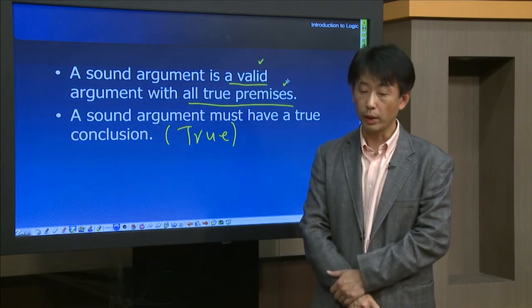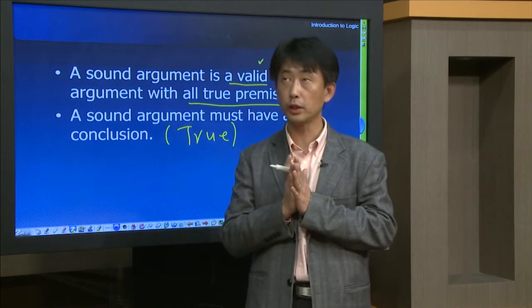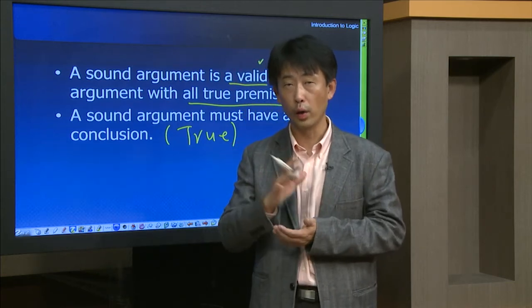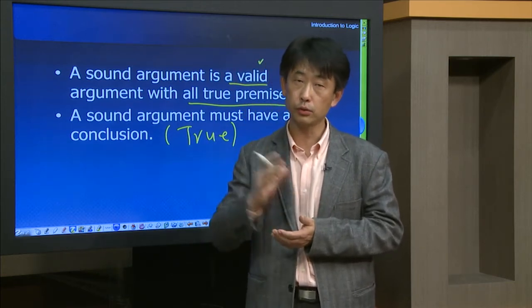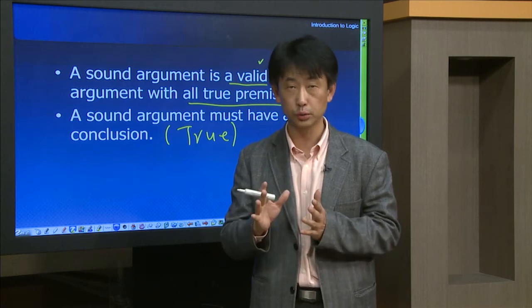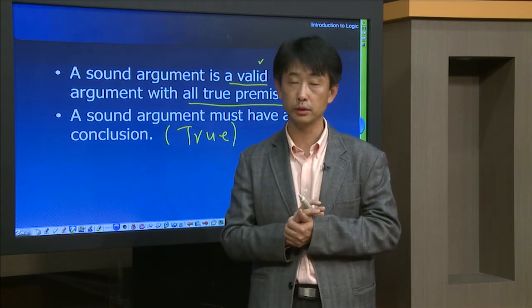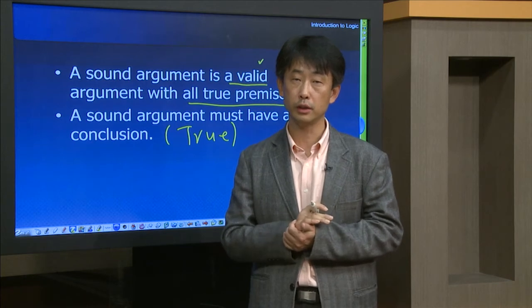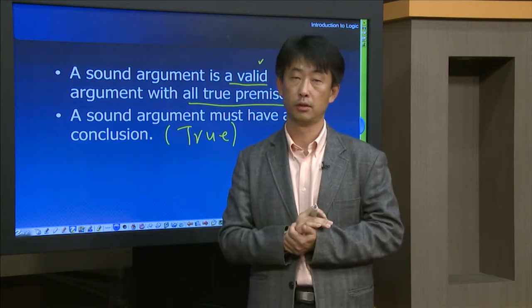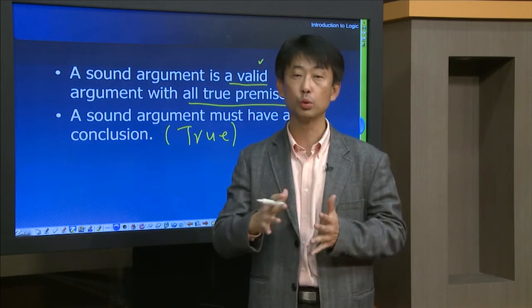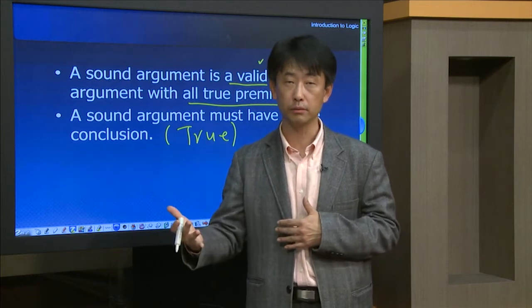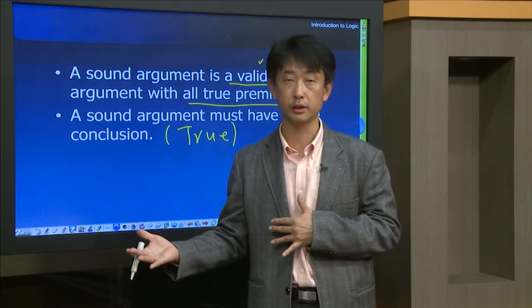When you criticize an argument, you can point out that one of the premises that you present is not true. That's one way to criticize an argument. Another way is, even if all your premises are true, the conclusion does not necessarily follow.